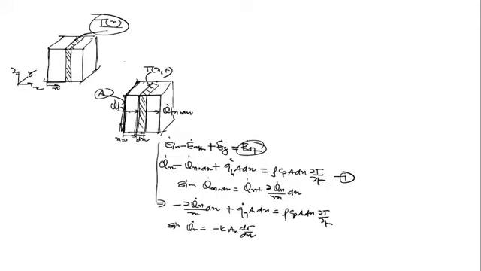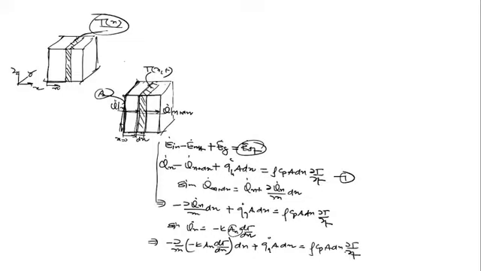And here since area is uniform; if it is non-uniform, then this A of x should not be outside the differentiation. Only difference is minus of del upon del x into minus k into A of x into dT upon dx into dx plus qg into A into dx is equal to rho cp, and this area should also be at x, rho cp into A into dx into del T upon del t.